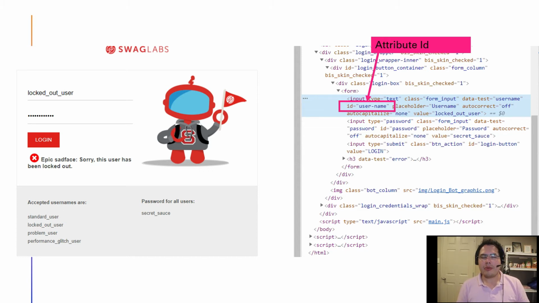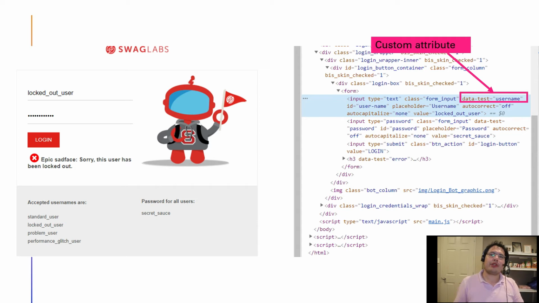In Selenium, IDs are the best option to locate elements within a web page, because IDs are unique identifiers within a website, and it's easier for Selenium to identify unique elements rather than searching for multiple elements that contain the same class name, for instance.